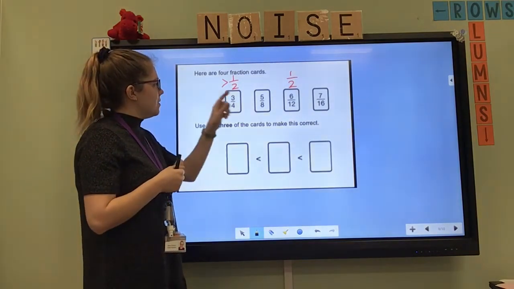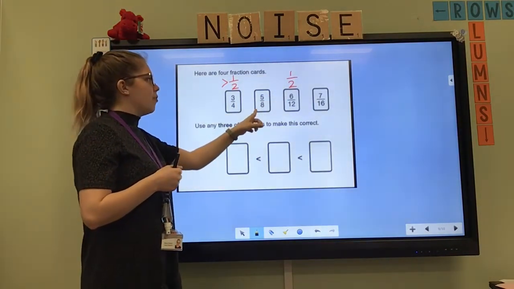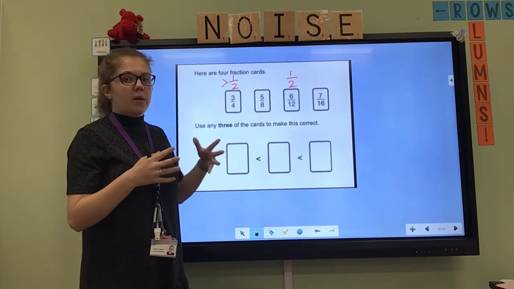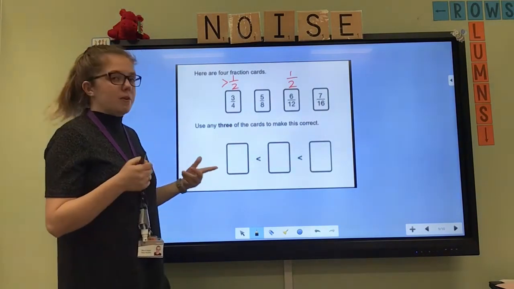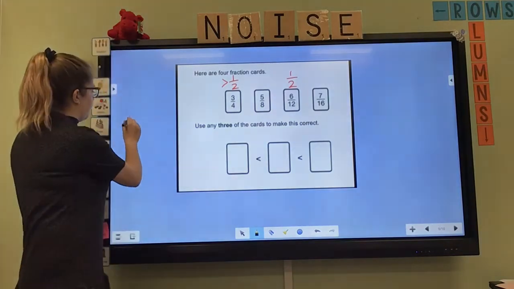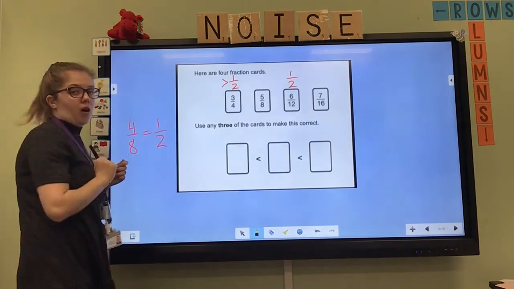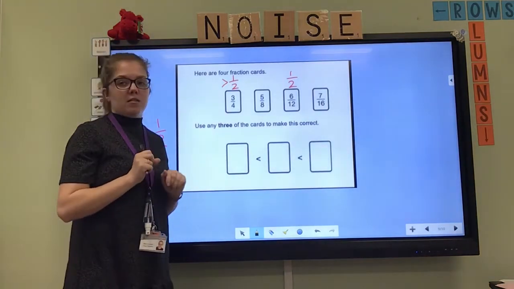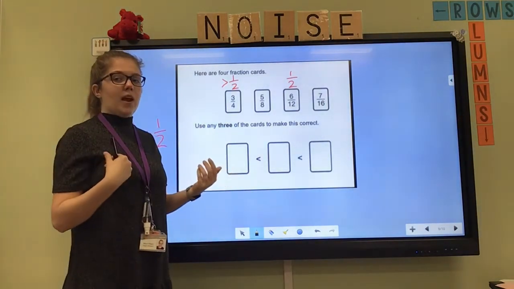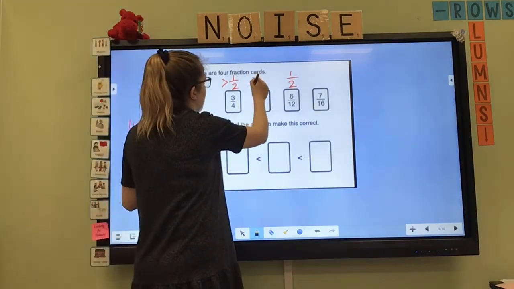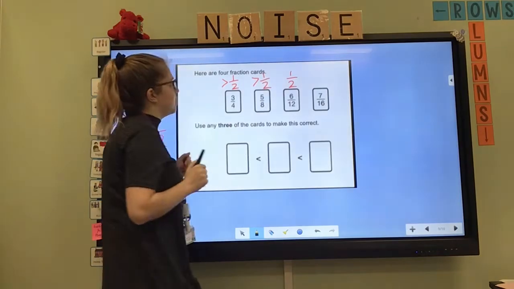So I need to think, what would a half be equivalent to in eighths? How many eighths would I need to be the same as a half? And that would need to be 4/8, wouldn't it? 4/8 would be equivalent to a half. But I've got 5/8, so does that mean that is greater or less than a half, 5/8? It means that is also greater than a half as well.